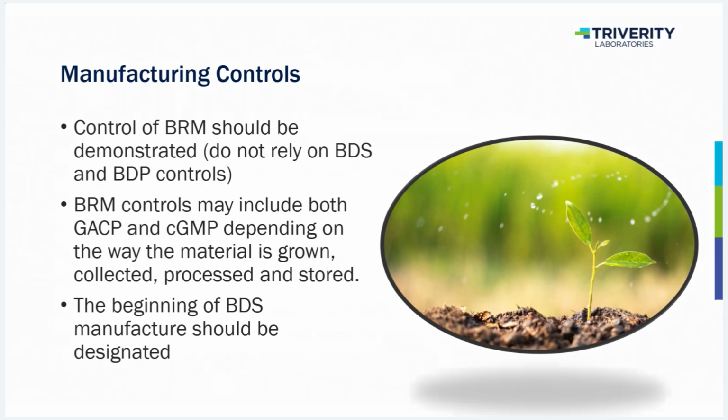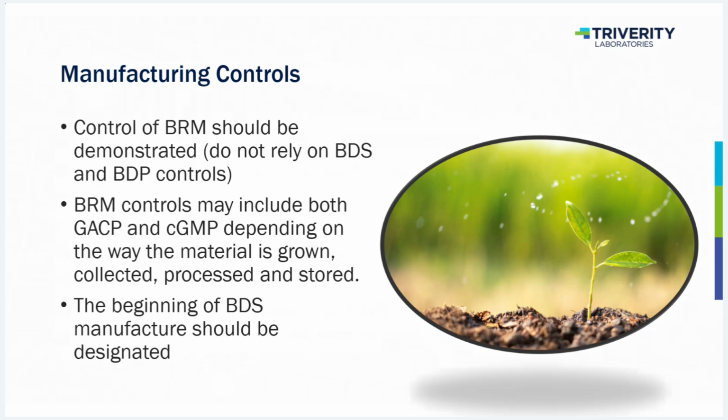The BRM controls may include both GACP, which is good agricultural and cultivation practices, and CGMP, depending on how the material is grown, collected, processed, and stored. And it kind of depends also on where you are initiating your drug substance manufacturing. So if your drug substance manufacturing starts at the cultivation site, then GMP would definitely apply.